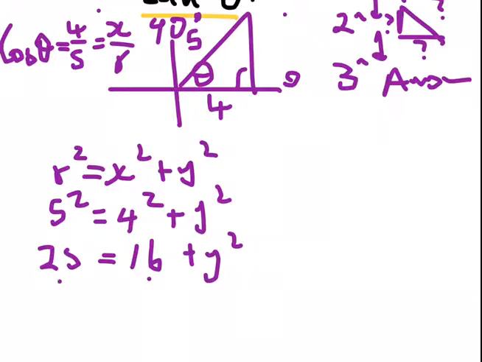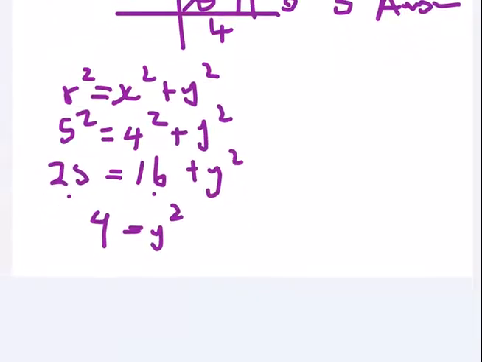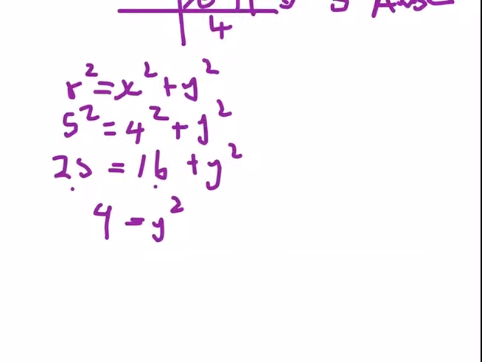Take this to the other side. What is 25 minus 16? If you take 4 from 5, it goes to, so that means it's 9. This is equal to y squared. So you take the square root of both sides so that you can remove that.